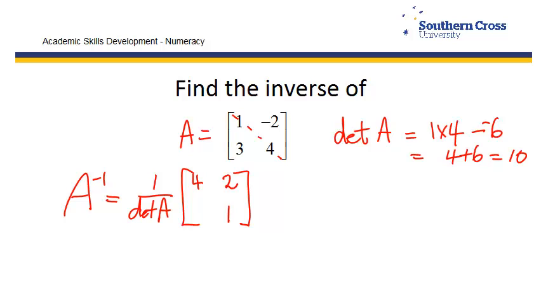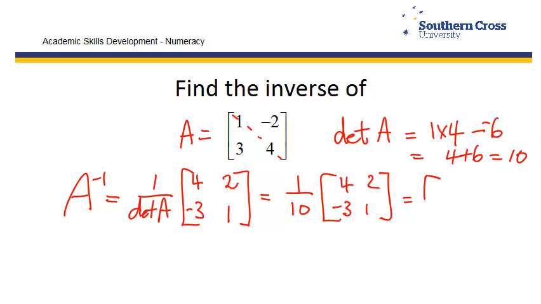So this becomes positive 2 and this becomes negative 3. So that means this is 1 over 10 outside of 4, 2, negative 3, 1, which we could write as 0.4, 0.2, negative 0.3, and 0.1.